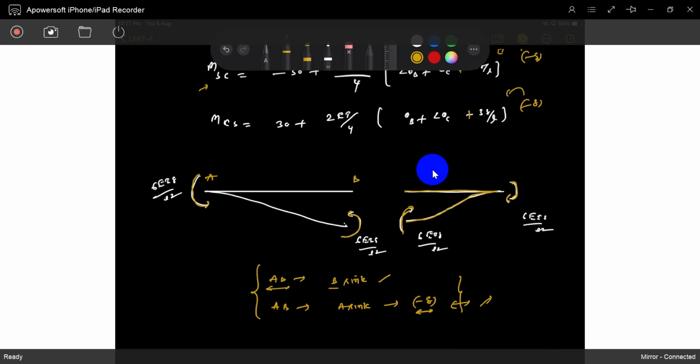If A is higher compared with B, it's okay. But if A is below the level of the support B, it will take negative.